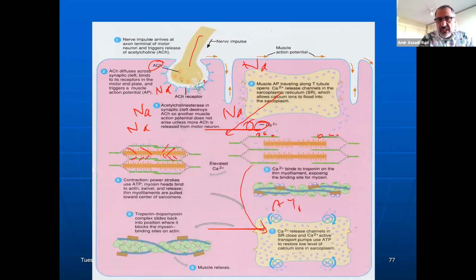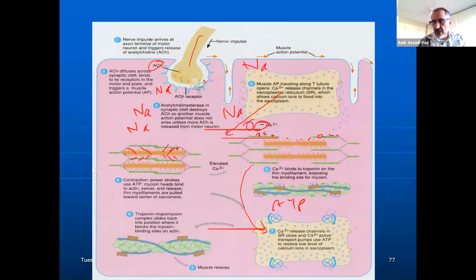So you need ATP in two places. One, for the calcium to be pumped back into the sarcoplasmic reticulum. And the second one, each head of the myosin needs ATP to be released from the actin molecule. Detach. Okay, so read that.